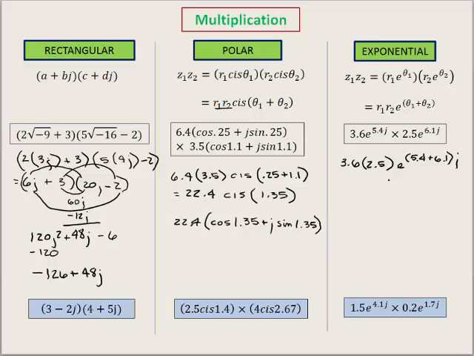Okay, let's see what we've got. 3.6 times 2.5, that's easy, 9. And that gives us e to the 11.5J. Okay, that's a little confusing.